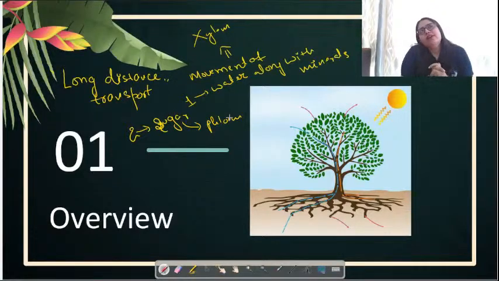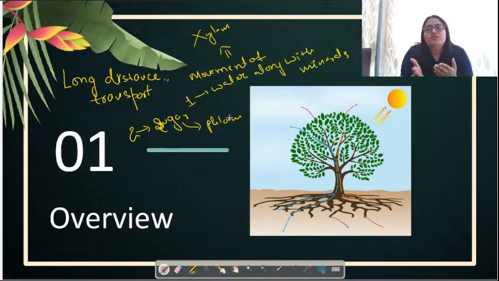Now, students, the very first question that should come to your mind is, before this topic long distance transport is introduced in your NCERT, we talk about means of short distance transport, that is simple diffusion, facilitated diffusion, active transport. All three are means of short distance transport.